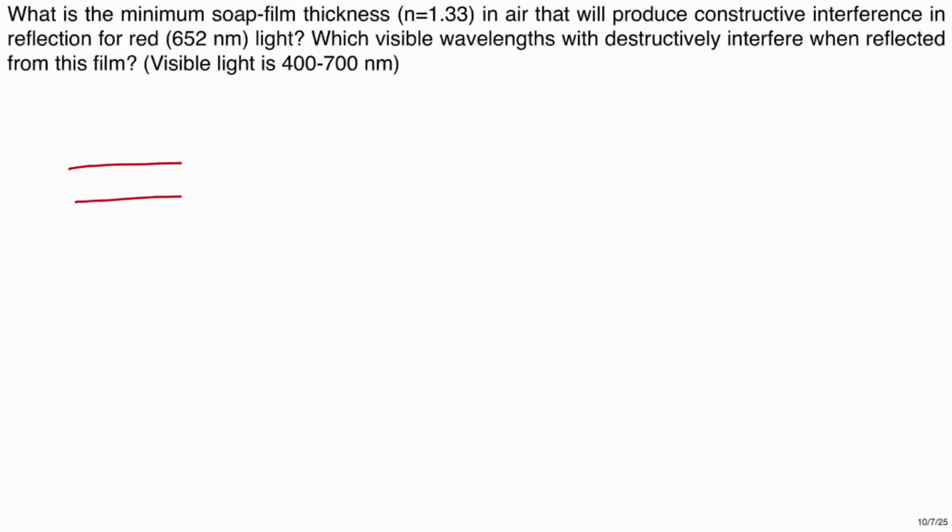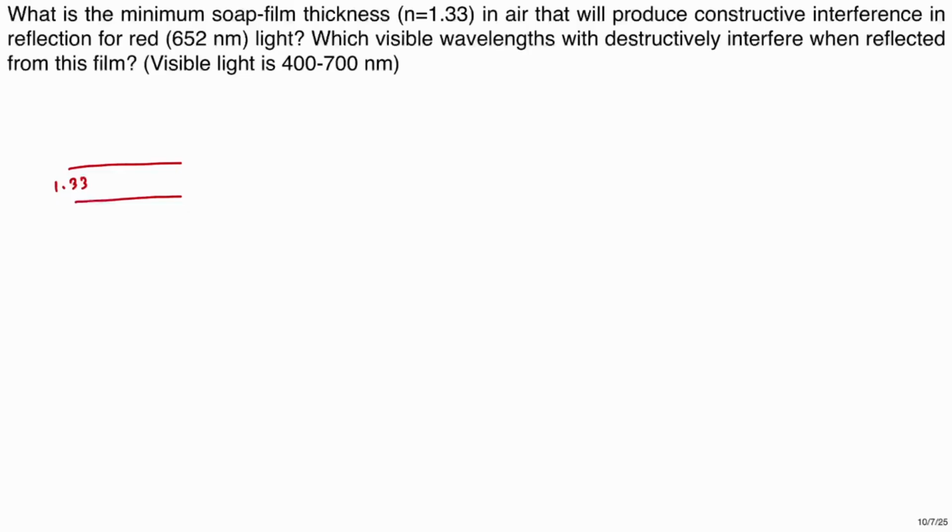It's a soap film. So where do I put the index? Do I put it here? Here? Here? This is the index of the film, isn't it? It says a soap film of index 1.33. So that means our thin film is this one.